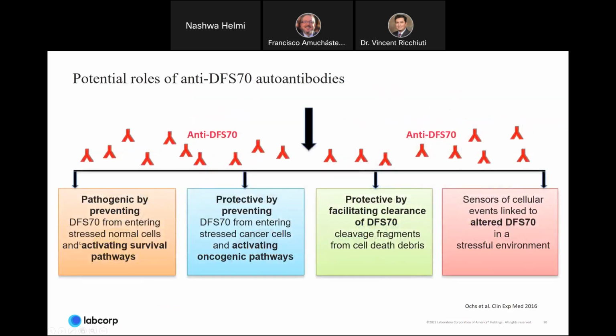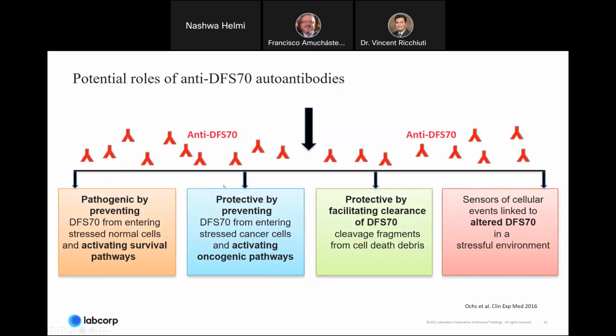And then I wanted to show you the potential role of the anti-DFS70 antibody, which you can see in red. Here you have the antibody, anti-DFS70, and it may have a pathogenic effect by preventing DFS70 from entering stressed normal cells and activating the survival pathway, so they will interfere with that.